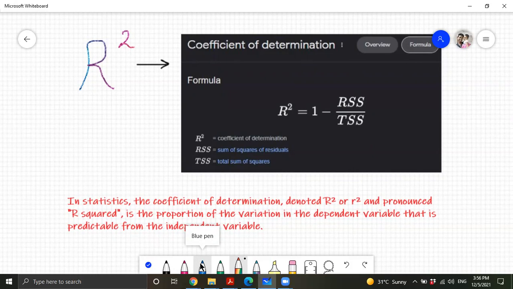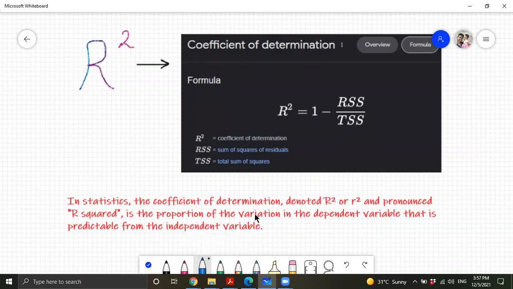It's going to be near to the actual value when it's a good model, right? So we can see some difference or some variation from the actual value. That's what we are going to find. That means we are going to find the variation of the predicted value from the actual value for the data points. That's basically the coefficient of determination.